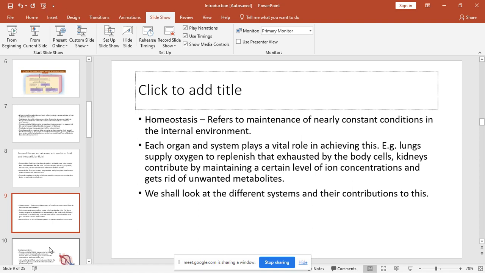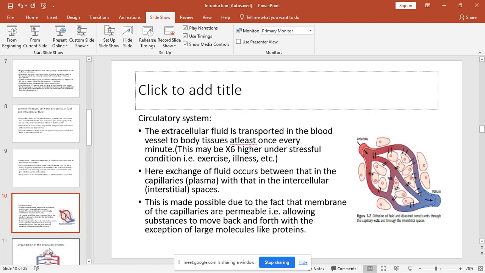We can look at some other body systems that help to maintain a constant environment, like the cardiovascular or circulatory system. To put it simply, we need the cardiovascular system because our bodies are big, and we need a way of moving molecules from the point of production to where they are required.